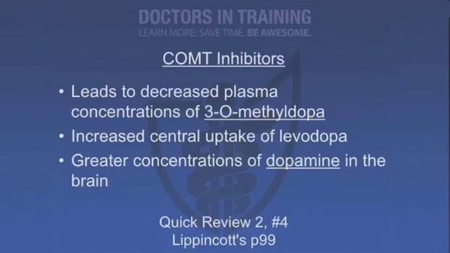Next question. What are the advantages of adding a COMT inhibitor to levodopa? So this leads to decreased plasma concentrations of 3-O-methyldopa, and increased central uptake of levodopa. So you get a greater concentration of dopamine in the brain. Next question.